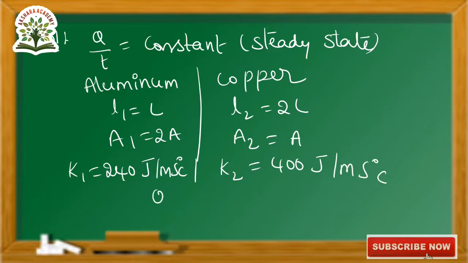Now we'll write the formula. Q by T of aluminium is equals to Q by T of copper.